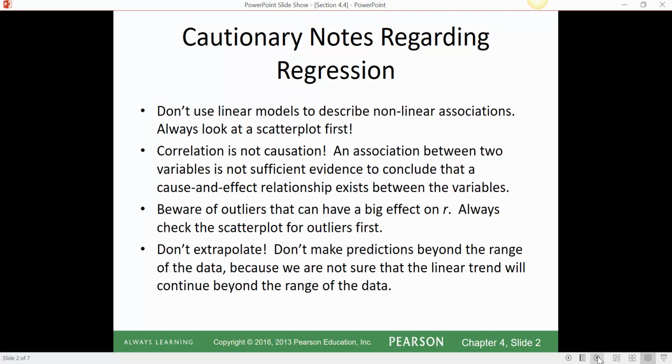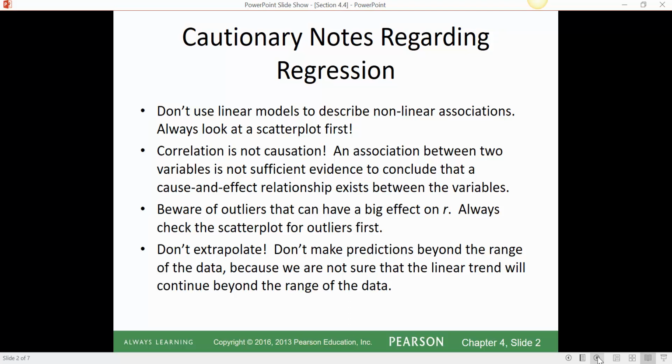Your R value goes from 0.412 to negative 0.145, and the slope of the regression line goes from positive to negative. So it makes a big difference.